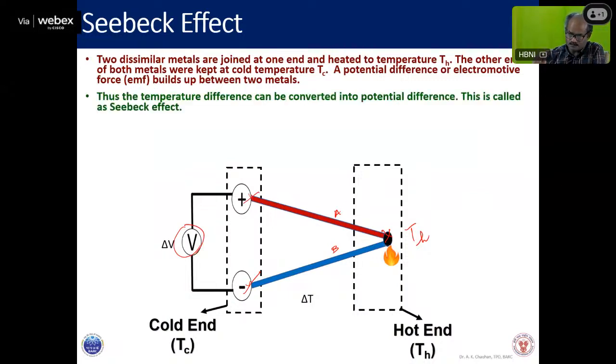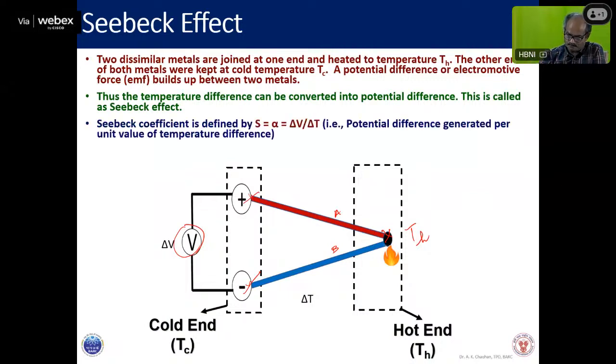So the temperature difference can be converted into potential difference, and this effect is called the Seebeck effect.